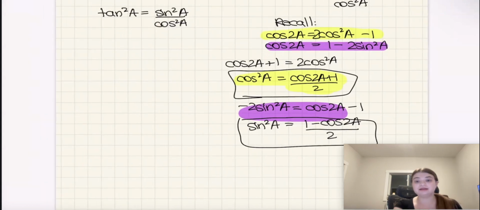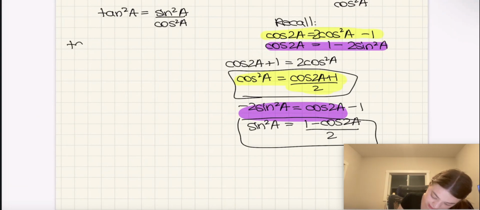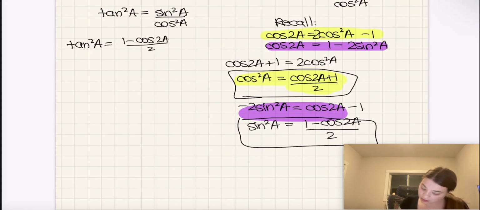So now I'm going to go back up here, and we're going to sub those things in. Now we know that tan squared a is equal to 1 minus cosine 2a over 2 all over, cosine squared a was 1 plus cos 2a all over 2.